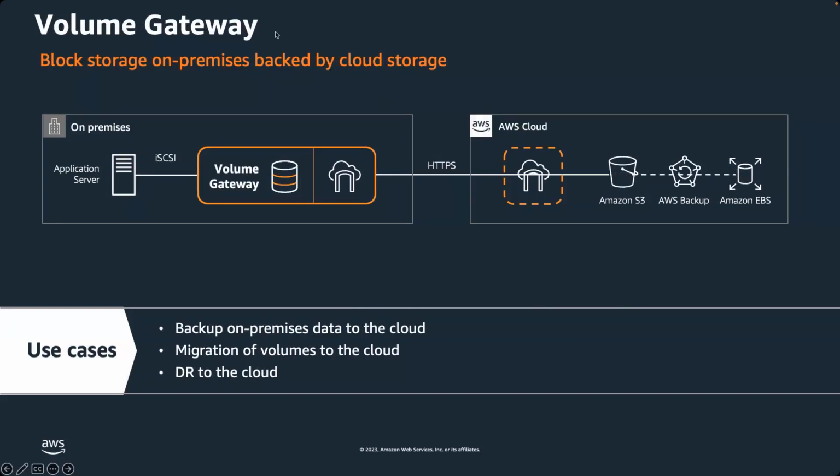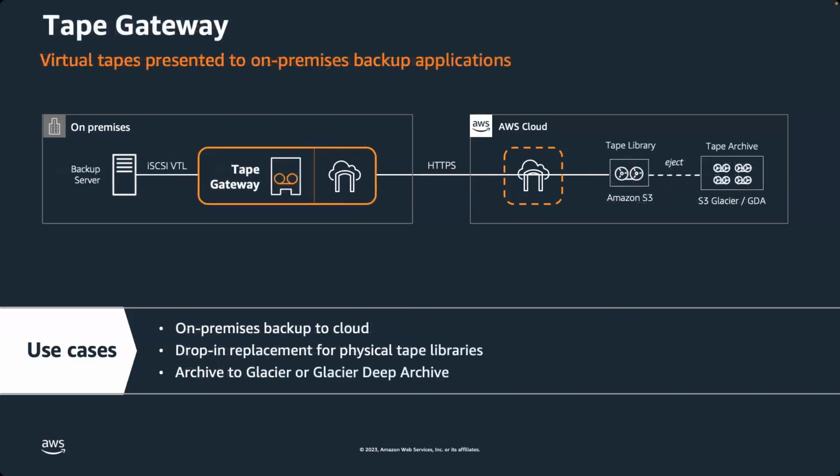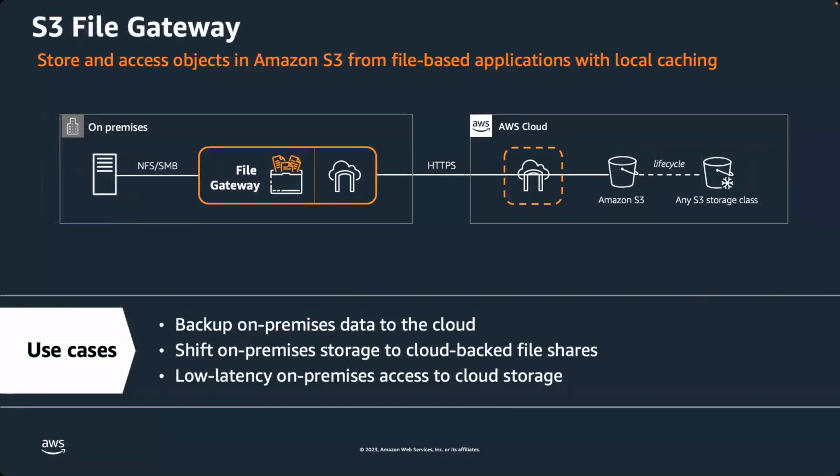So in this case, we're talking about volume. Remember that this is for block storage, so the EBS service, and the use cases are the same. So this is mainly just to show that you can use this for different types of data with the storage gateway.